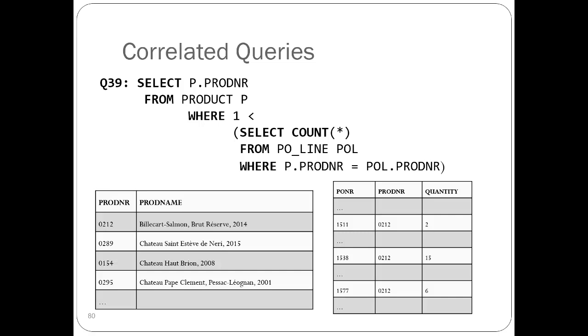Select product number from product, okay, where what is this number 1 doing over here, and then there is a subquery: select count star from purchase order line, we are calling that as POL, where, now this is interesting here, where P dot product number is equal to POL dot product number, right.